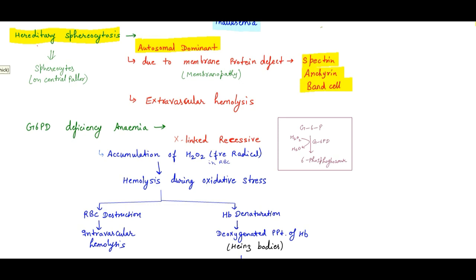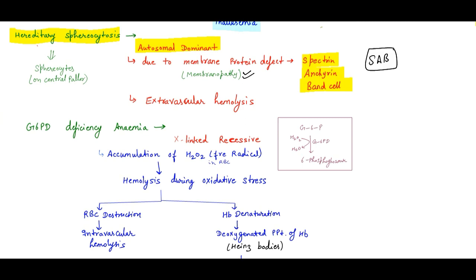Spectrin, ankyrin and band 3. If there is a problem in the membrane protein, we call it a membranopathy. And remember, in hereditary spherocytosis we will see extravascular hemolysis.